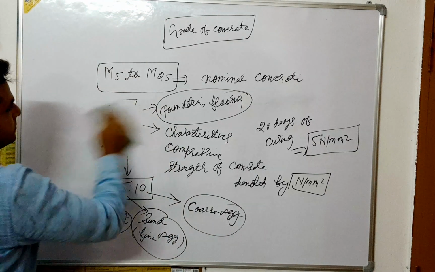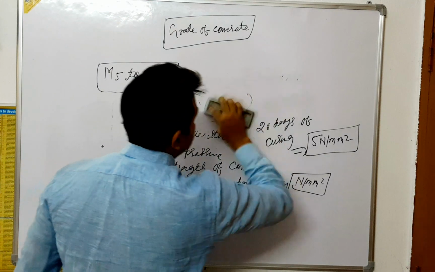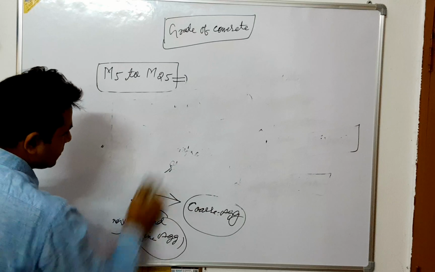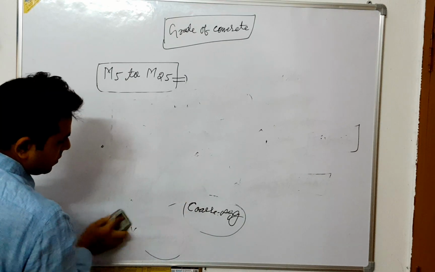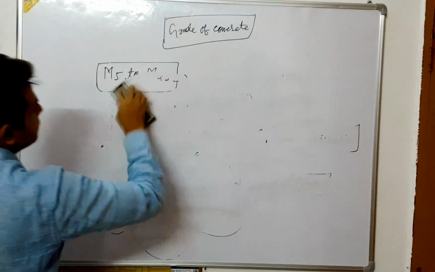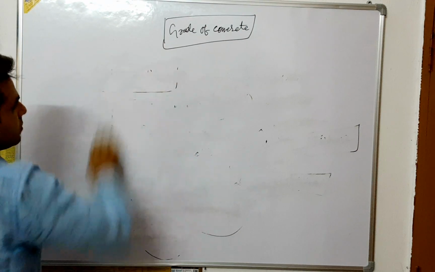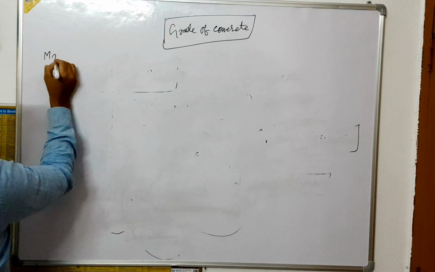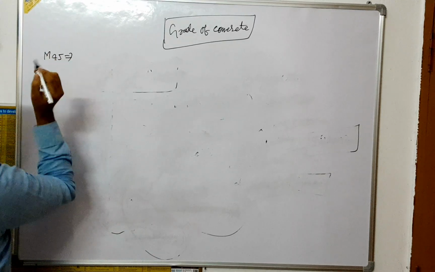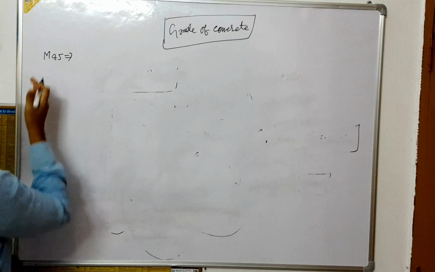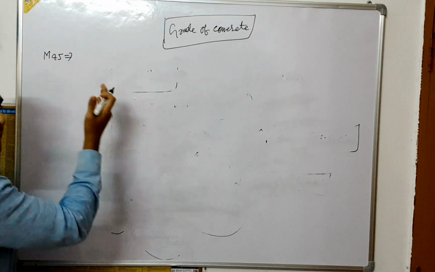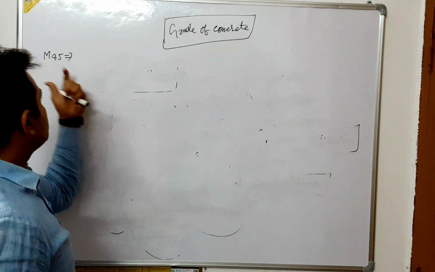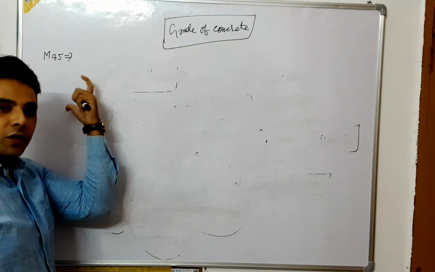Next, M7.5. M7.5 same. M shows the mix. 7.5 is the characteristic compressive strength of concrete, and after 28 days it should be 7.5 Newton per mm square.